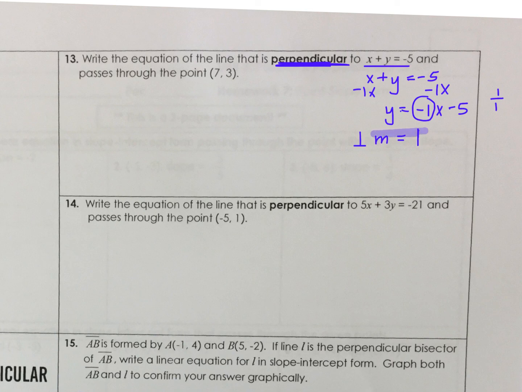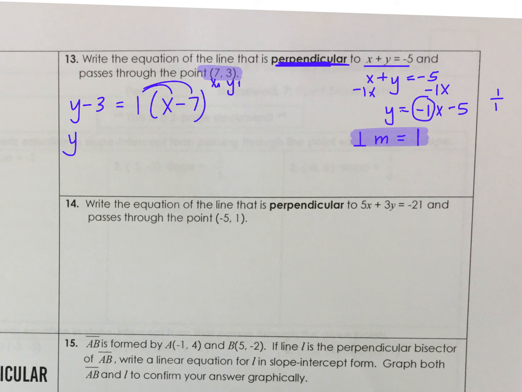So now I have a slope and 2 points, and I can do my equation. Y minus y1, y minus 3 equals, m is a 1, x minus 7. Y minus 3 equals 1x minus 7 when I distribute.